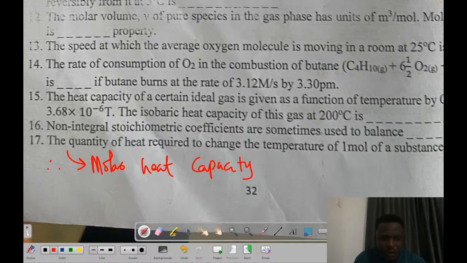The quantity of heat required to change the temperature of 1 mole of a substance is the molar heat capacity. Molar heat capacity.